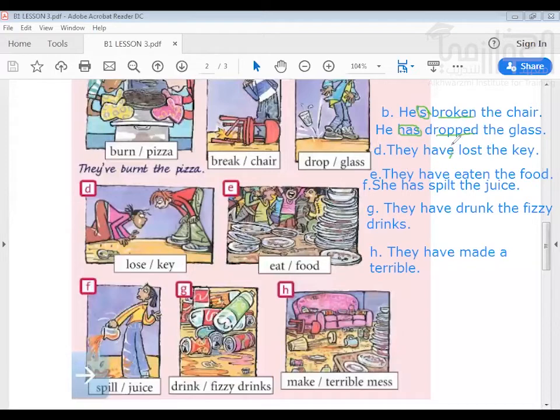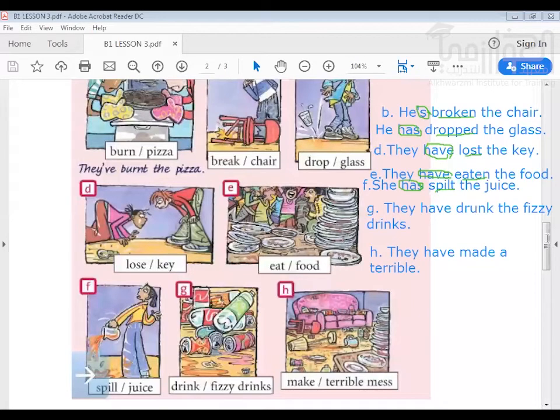You take have, then you add verb 3, lost. Have, and then verb 3, eaten. So it's not verb 2, it's verb 3. So you take your has, verb 3, spilled, and the rest goes on like that. So it's a very simple and easy to understand tense.